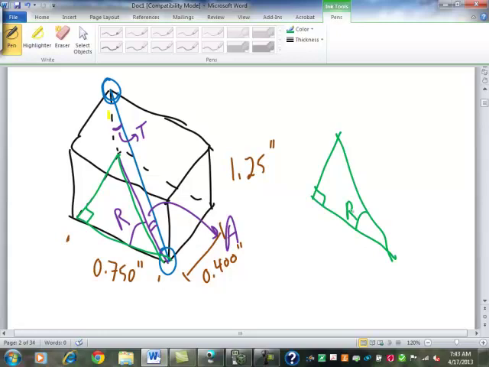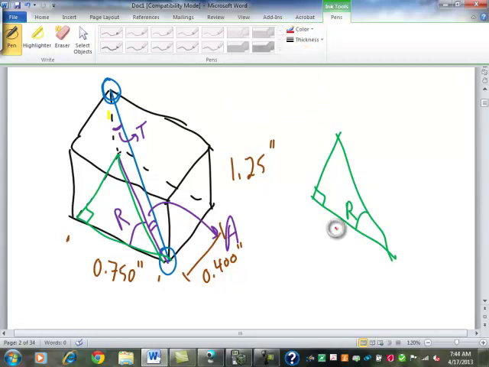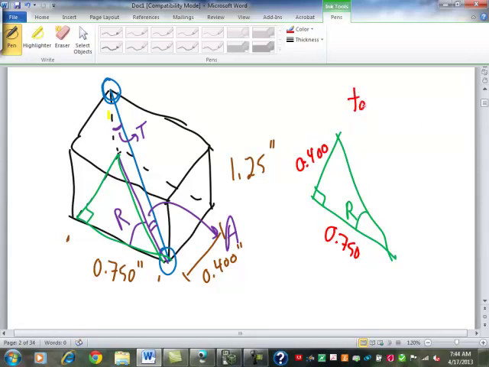I know both of the legs of that triangle. This leg here is obviously what? 0.75. Good. This leg up here is not quite so obvious, but it is 0.40. So angle R is going to be the inverse tangent of what? Opposite over adjacent.